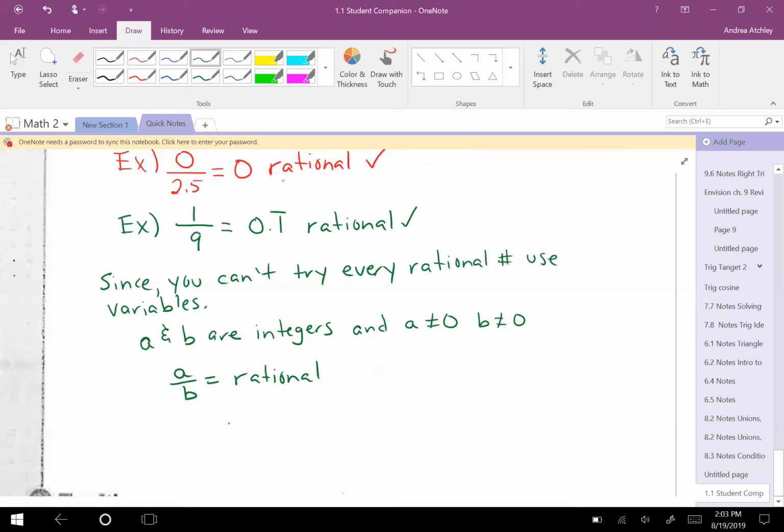The closure property means if I have two rational numbers, and I use the operation of division, then it's going to give me another rational number. So the quotient of two rational numbers is rational. Is always rational, I should say.